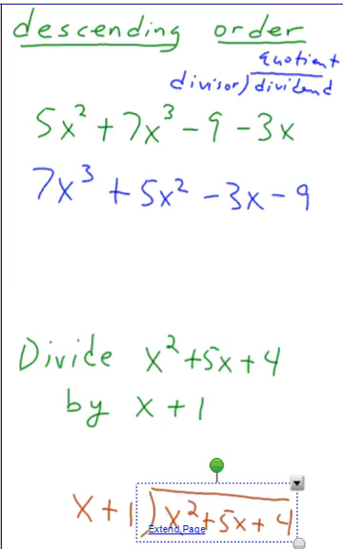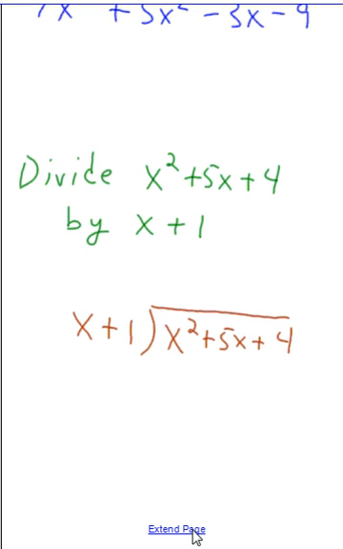All right, the first problem is presented like this, the way it looks in your textbook. It says divide this polynomial by x plus 1. What we want to do is use your long division apparatus, and write your dividend on the inside and your divisor on the outside.